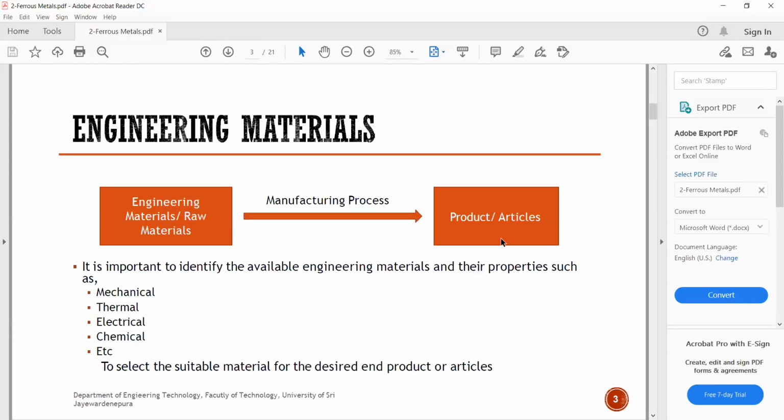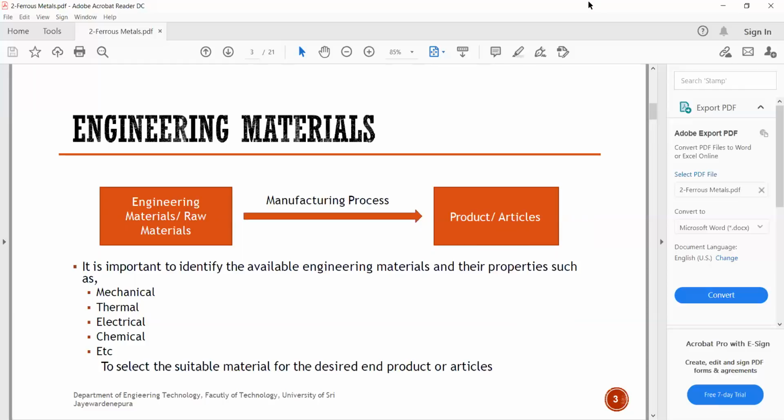That is called engineering materials. They have to have raw materials, and then they have to do some process. Using that process only, they are converting that engineering material or raw material to the final product, right?